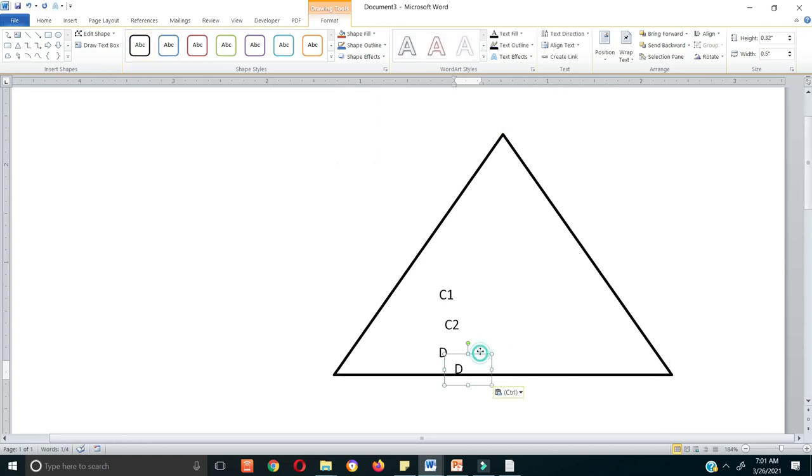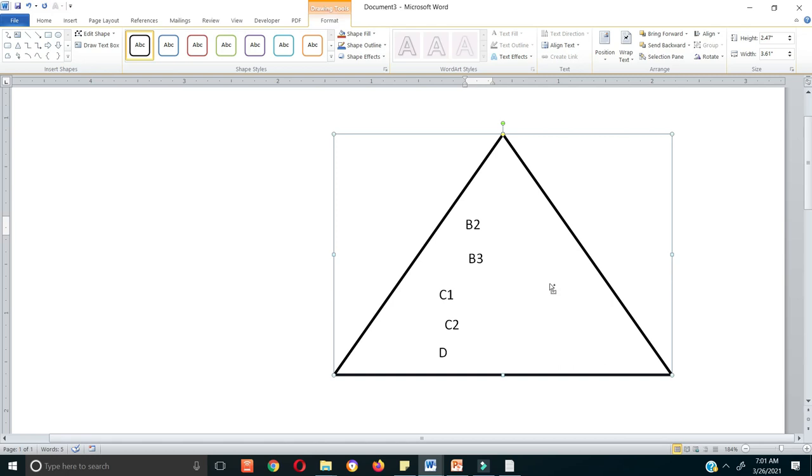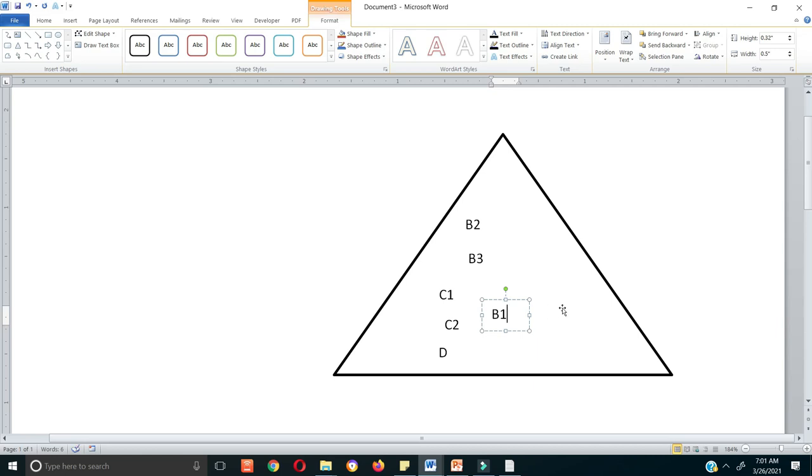Then you have level B3, then B2, and then B1. Then you have level A at the very top.